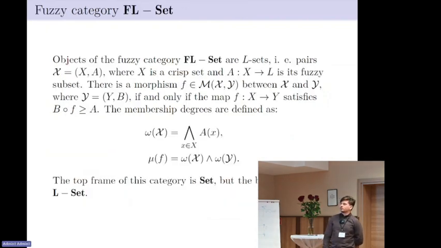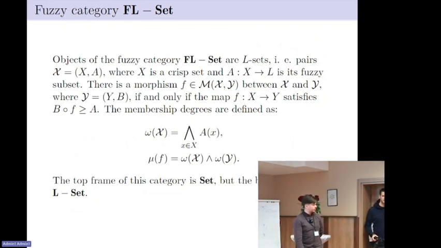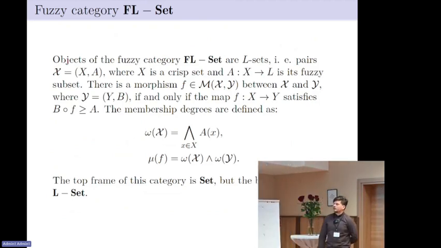Now, for some examples. For instance, we can easily describe a membership degree for L sets. If we look at the crisp category of L sets, we just assign the membership degree as the infimum of its fuzzy subset.